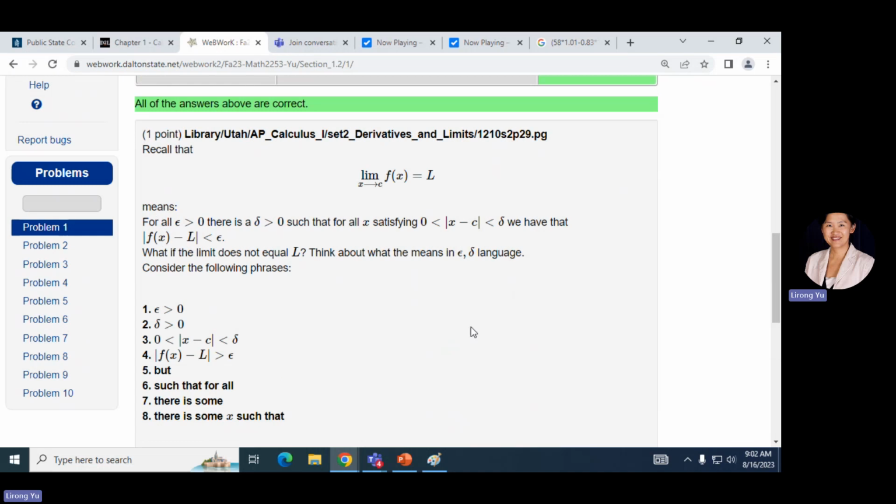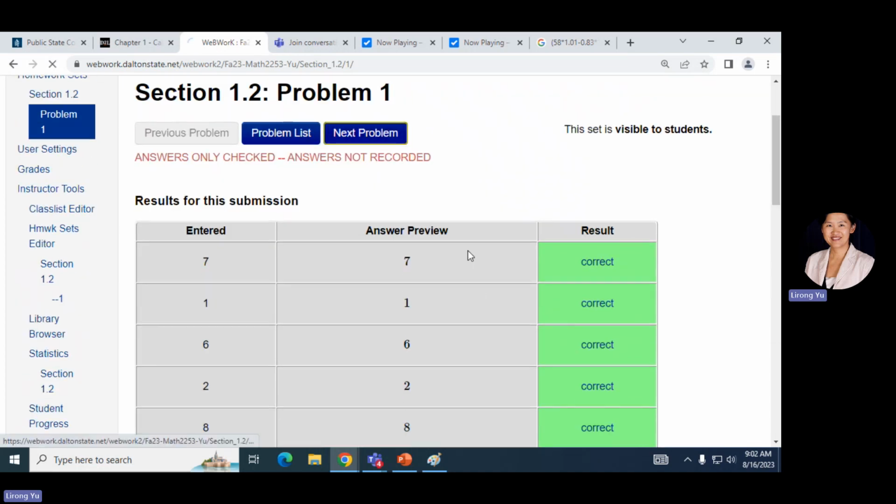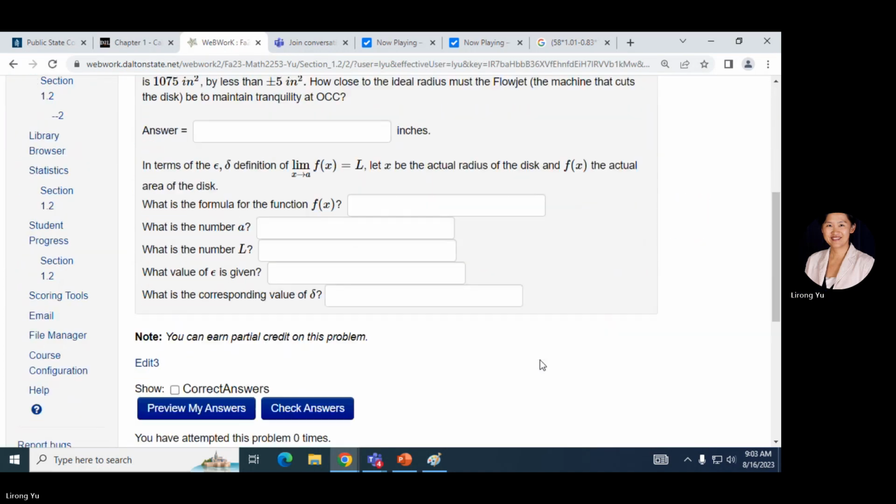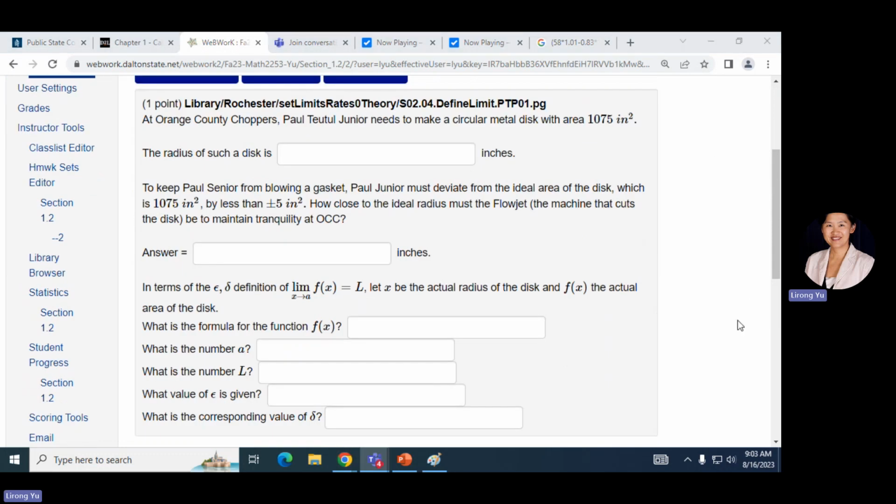That's the epsilon-delta definition, the wording part. So we start with the symbolic part, and then slowly move on to the definition.